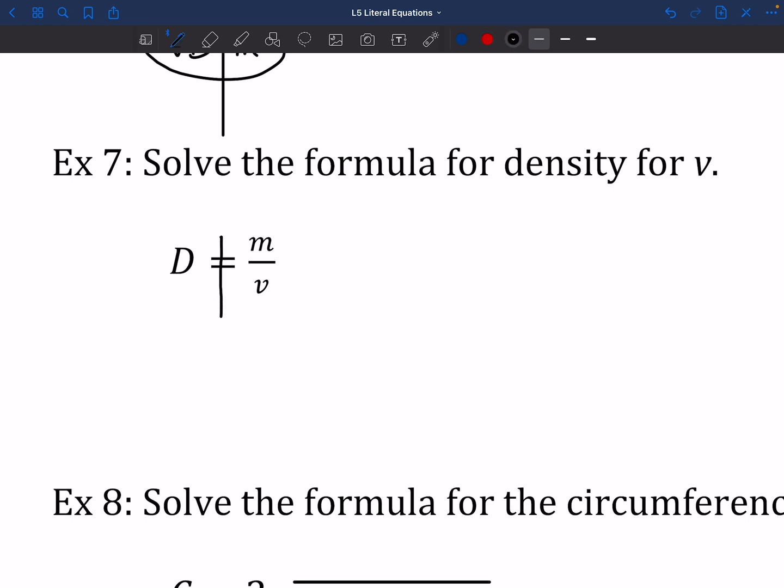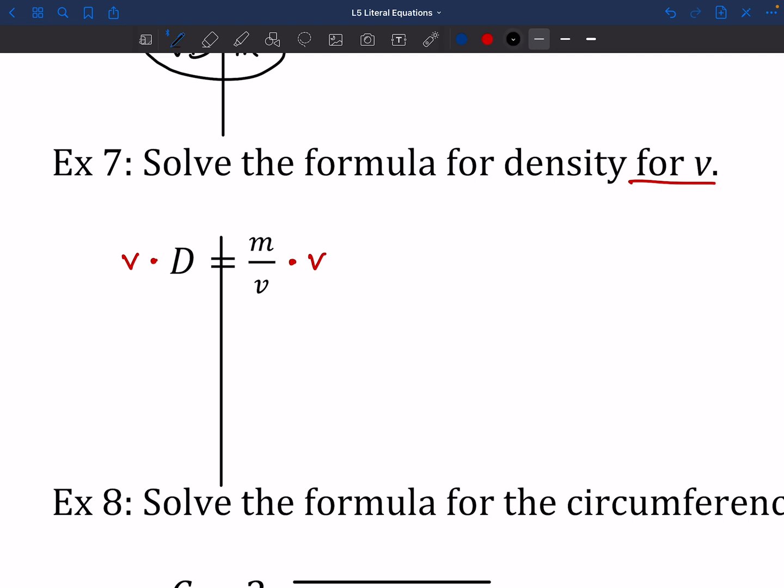All right, so same kind of deal here. We want to solve this. It's actually the same exact equation. We want to solve it for v this time. So again, keep a close eye on what you're solving for. Now to get that v by itself, I want to get it out from the bottom of that fraction. So our first step is actually going to be the same as it was on the last one.